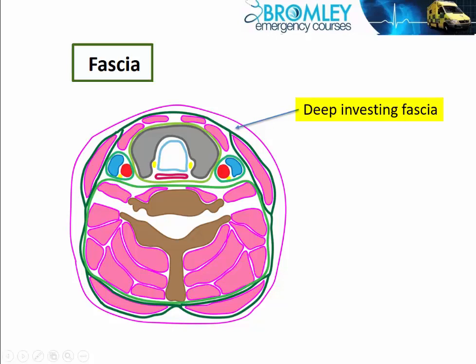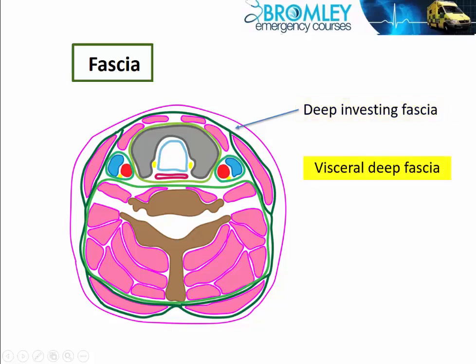So that's the deep investing fascia. It goes from the jaw at the top, so it starts on the sides of your jaw, and then it goes round the back of the skull, and then it goes right down to the clavicle and to the shoulders, etc. And so it runs right from the head down to the shoulders and the upper chest. So that's the deep investing fascia.